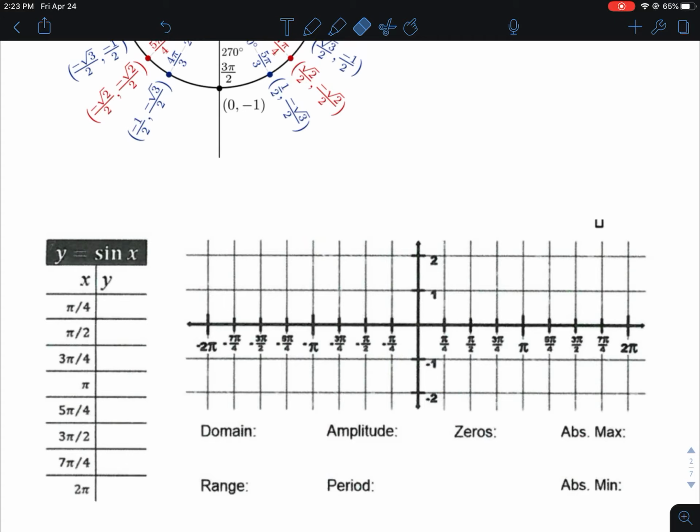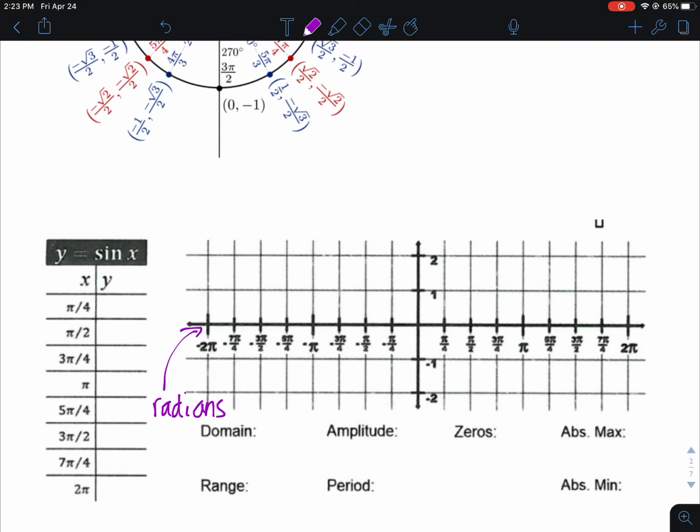All those X values are written in terms of radians. So when you look at your graph, the X-axis is an angle, so in this case, it's in terms of radians. You could also write this in terms of degrees and get the same picture. We're going to stick to radians for right now.